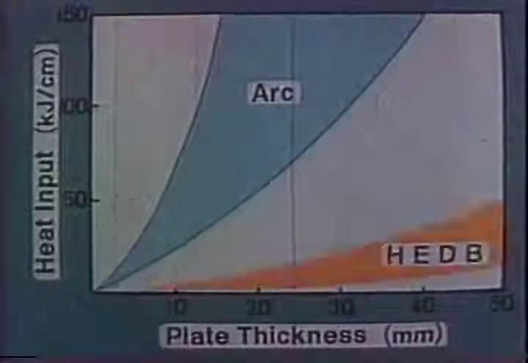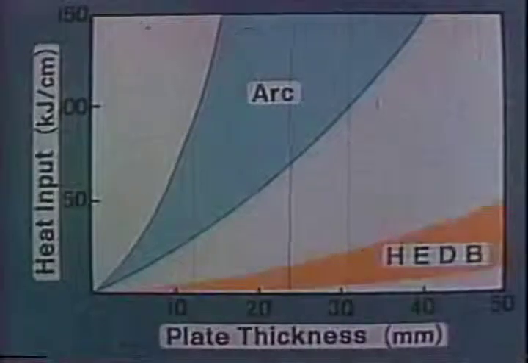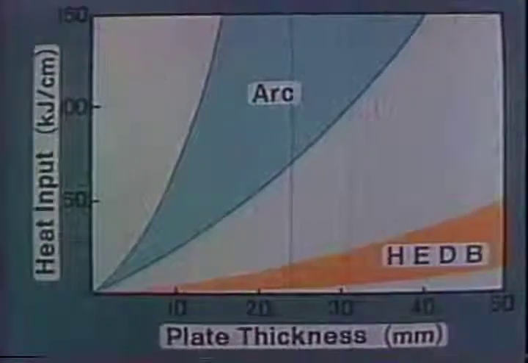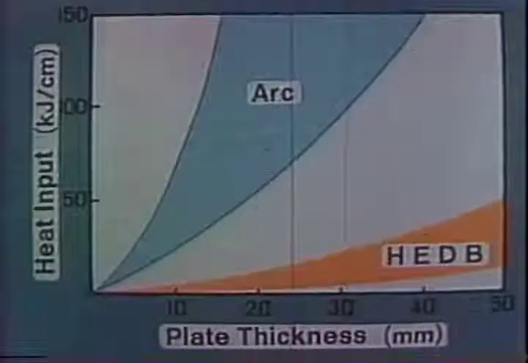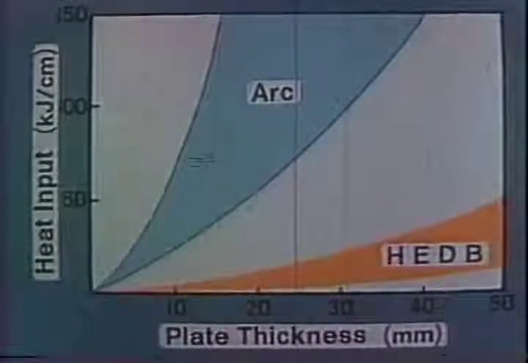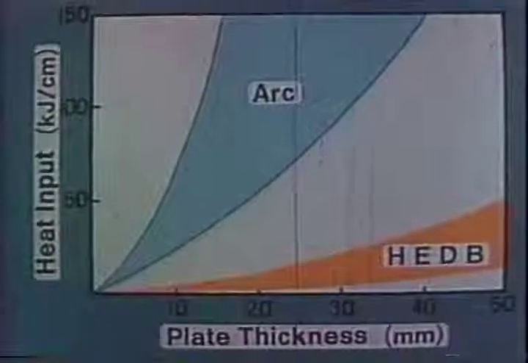In fact, by using a high-energy density beam, the welding of thick plate is possible with less heat input than by the arc process, and its superiority is manifested more in thicker plates. Moreover, the thermal distortion becomes quite small, thus leading to a better quality joint than in the arc process.